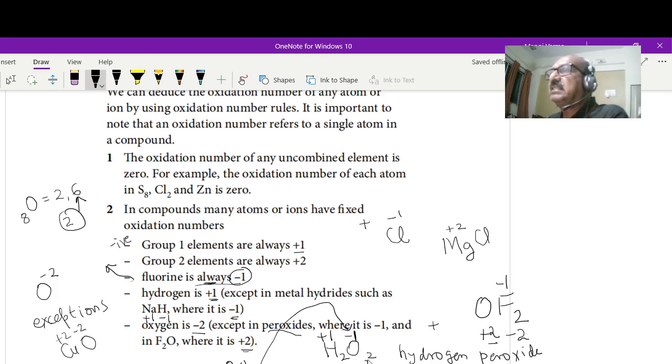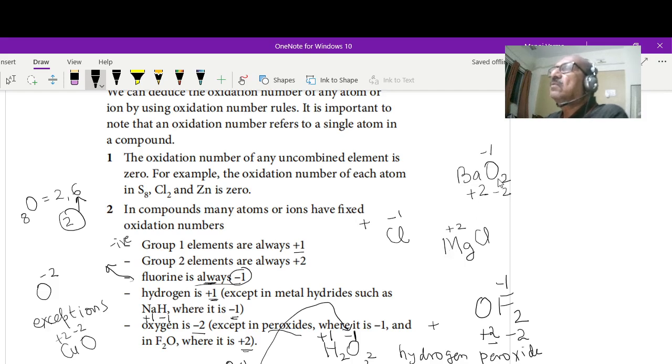You will always see this O2 in a covalent compound. For example, BaO2 is barium peroxide. Here oxygen is -1, 2 oxygens give -2, and barium is +2 because it is in group 2.